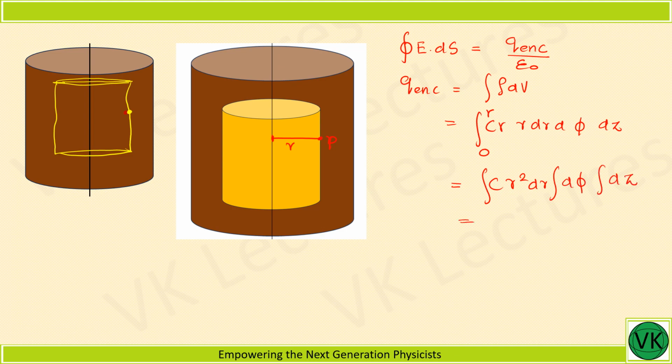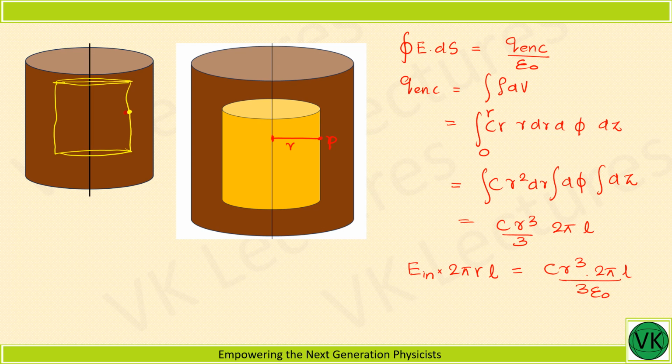That accounts for C r cubed by 3, d phi is 2 pi, dz is L. So that's Q enclosed, and similarly we have E inside into 2 pi r into the length equal to Q enclosed, which is C r cubed 2 pi L by 3 epsilon naught.